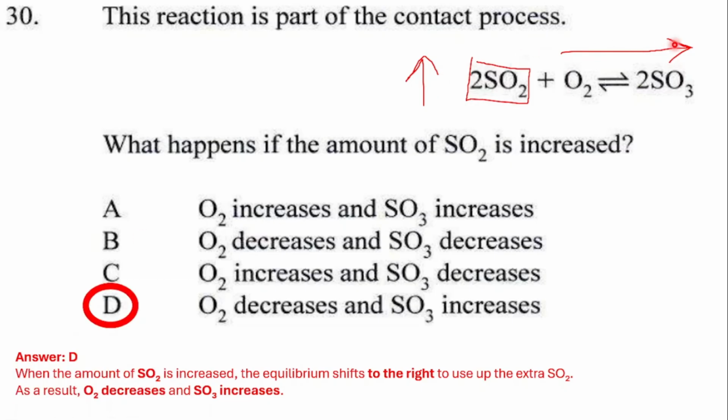So that means we're going to have more of this being produced, and we're going to have the oxygen being decreased. So the correct answer is definitely going to be O2 decreases and SO3 increases, all right?